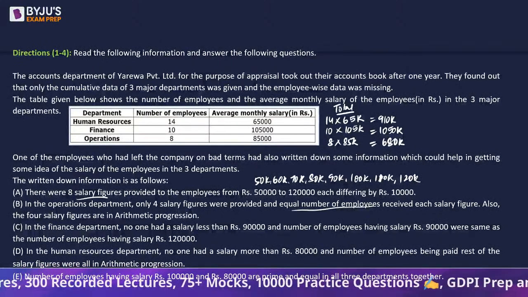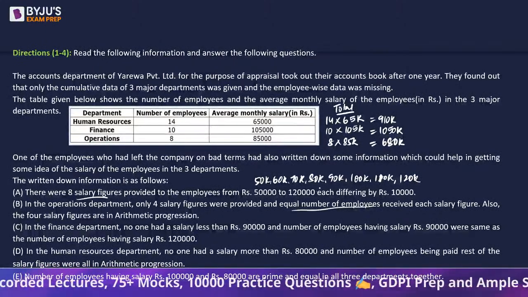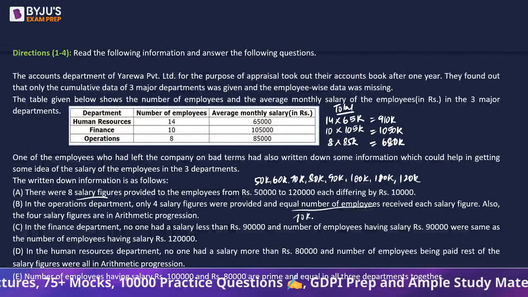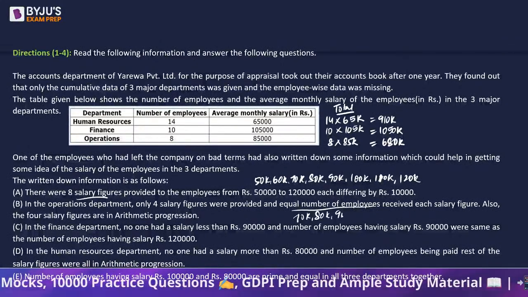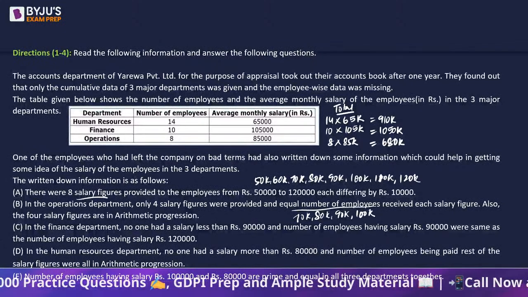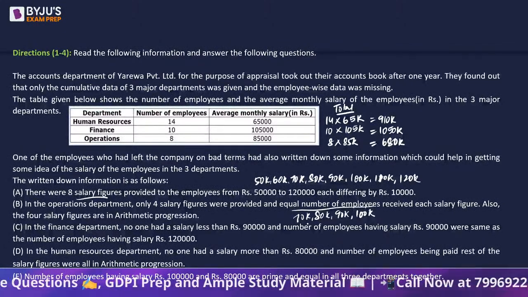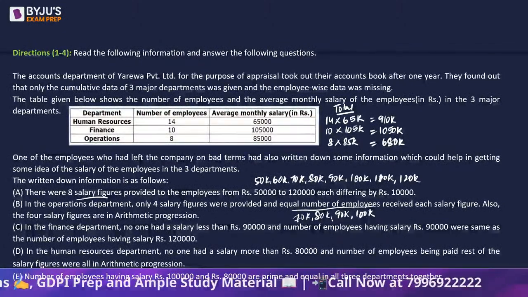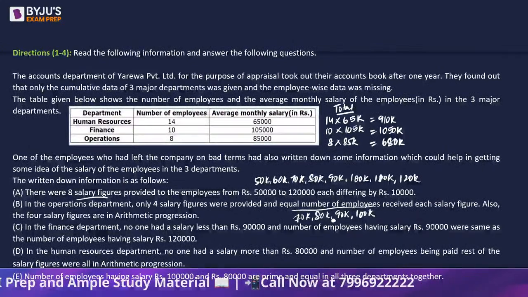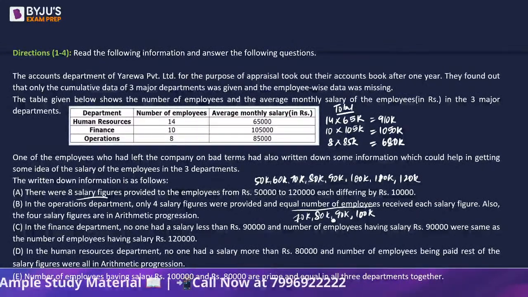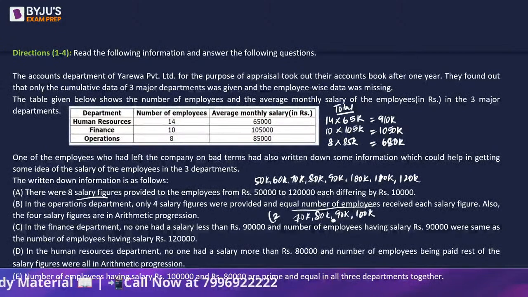So if we have 85K as the average, can we say the 4 numbers are 70, 80, 90 and 100? This will only add up. This will only give you an average of 85, which lies between 80 and 90. Isn't it? There is no other possibility. So there are 2 employees who earned 70,000, 2 who earned 80,000, 2 who earned 90,000, and 2 who earned 100,000.